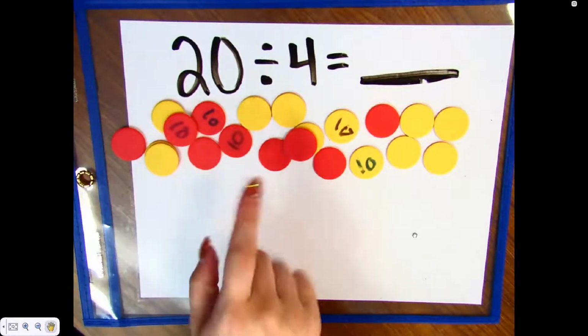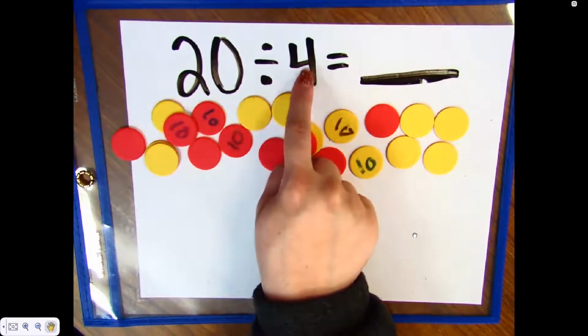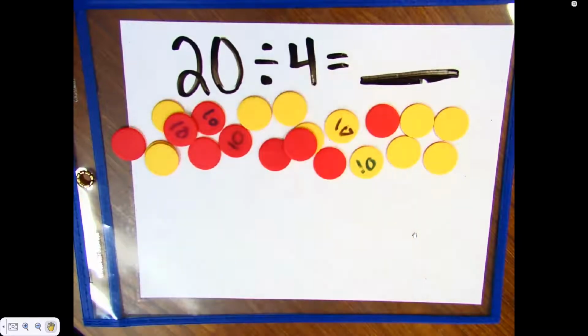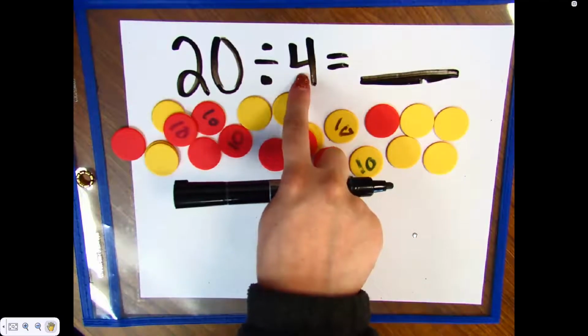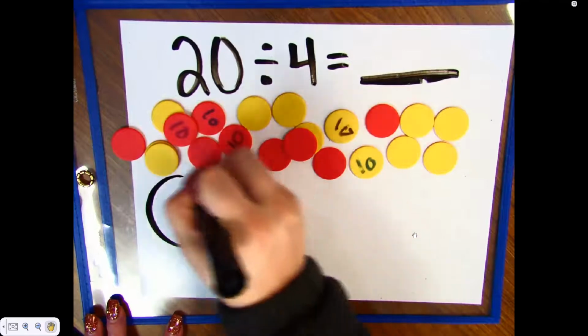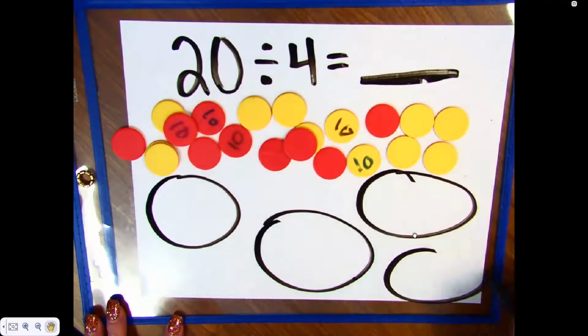There's a number right here. How many groups, Amira, would I draw? 4. 4, right? Because that's the number that's right here. So this is going to tell you how many groups you need to draw. So I'm going to draw 1, 2, 3, 4.